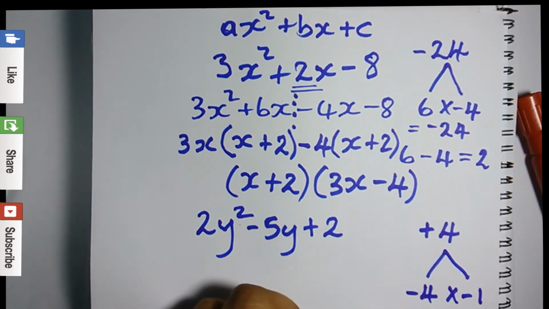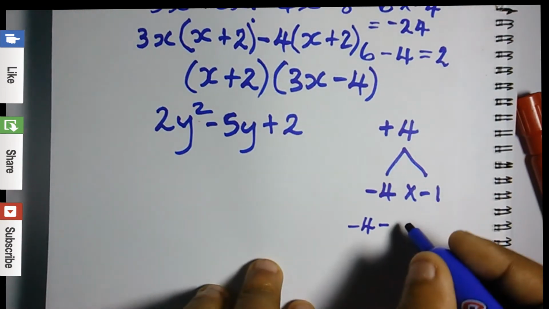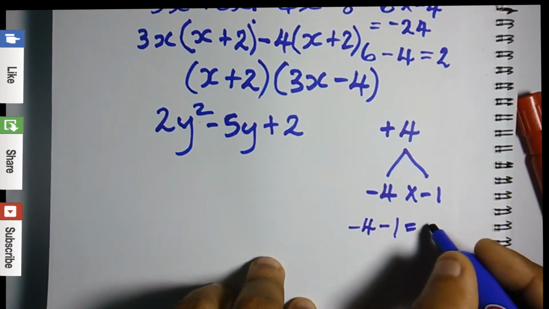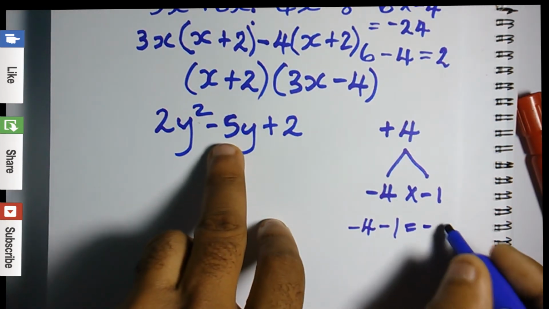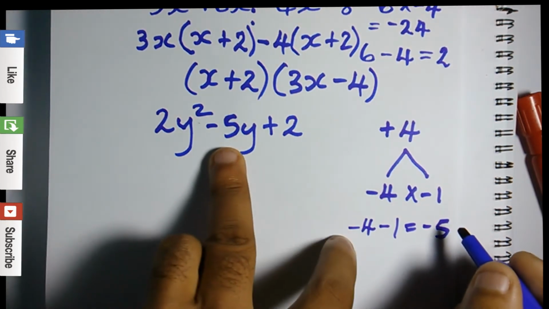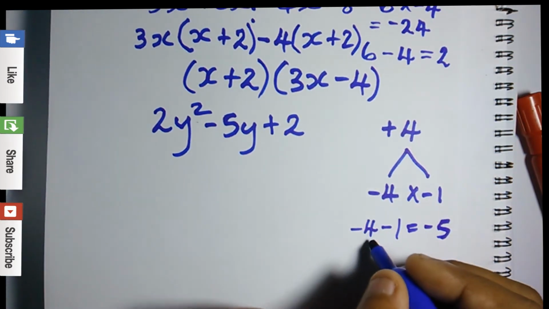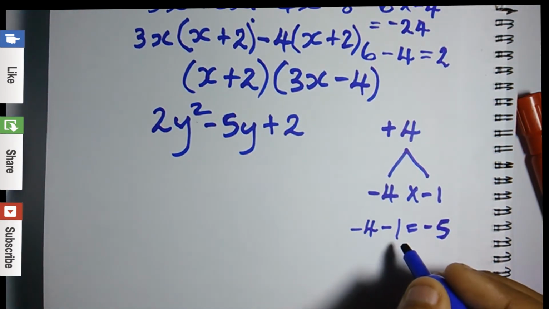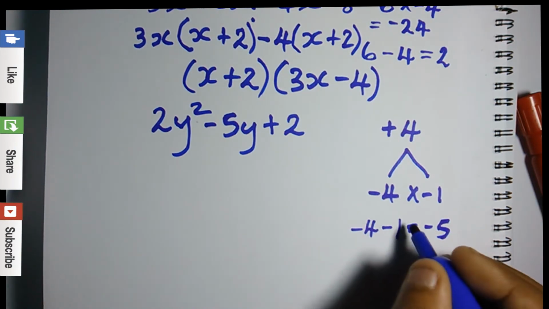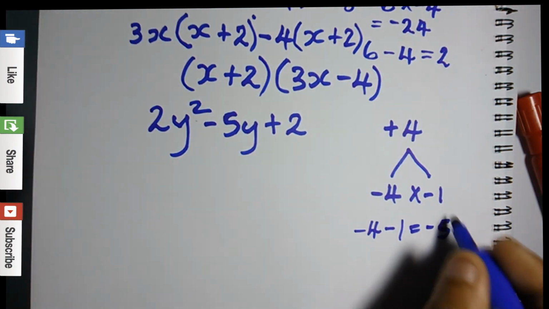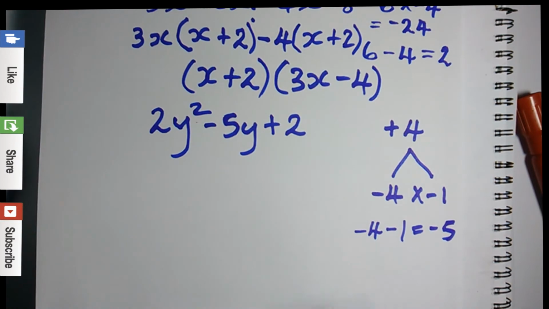Now remember, if we add these two factors, we should get the middle term, which is negative 5. So negative 1, negative 4 gives us negative 5. It's like saying we owe somebody $4, we borrow $1 from another person, so in total we have $5 to give back, so it's negative.